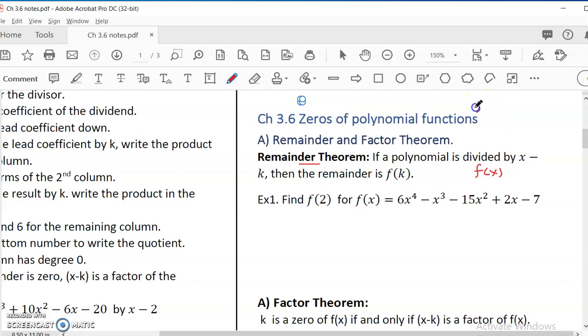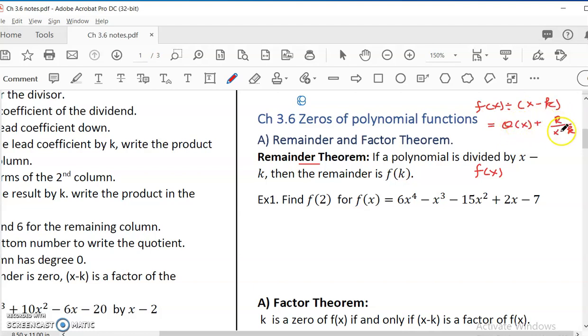If you divide by x minus k, remember you do long division. You're supposed to have a quotient plus a remainder over x minus k. That's what we did in the last chapter. You divide and get a quotient, I call it q of x.